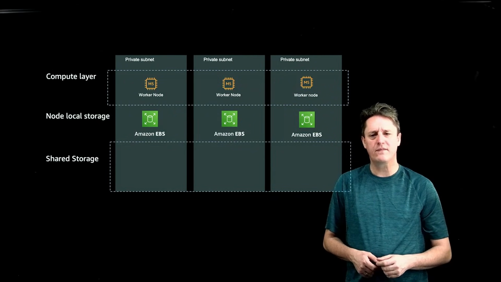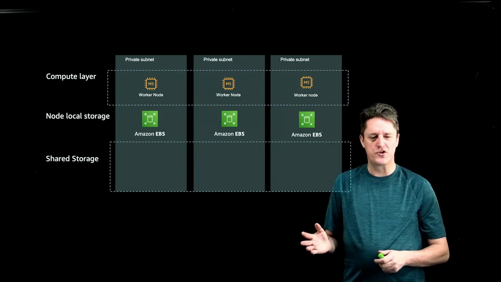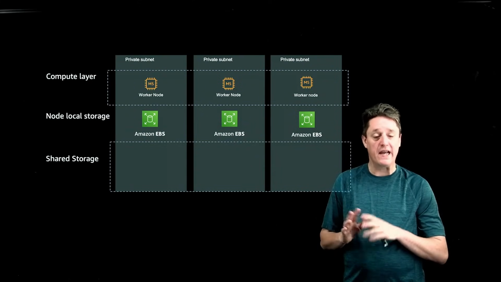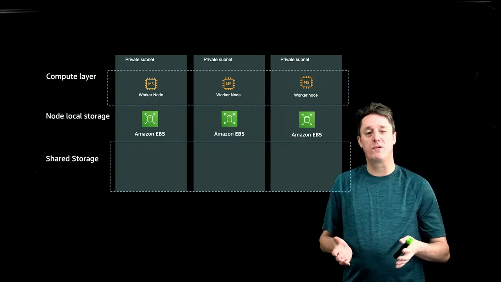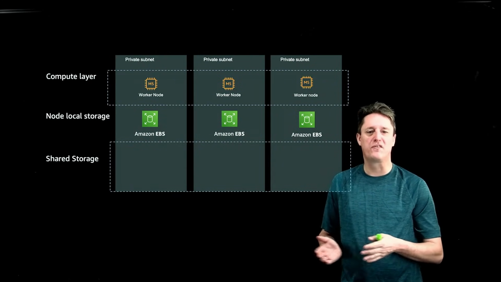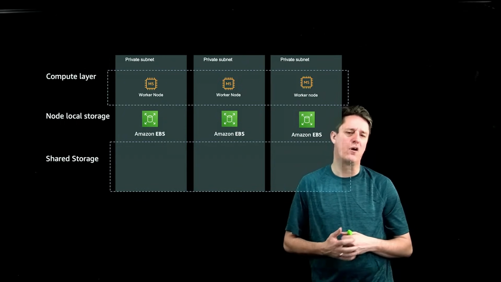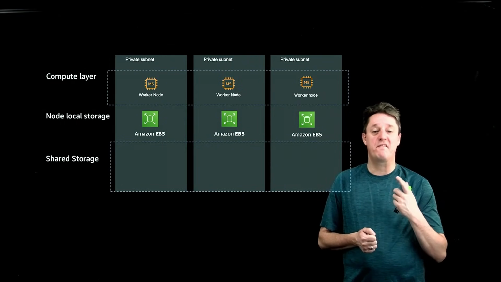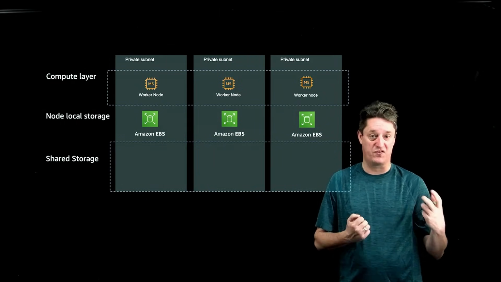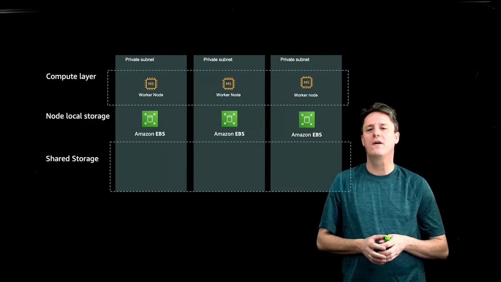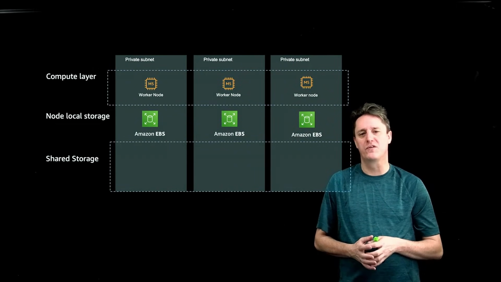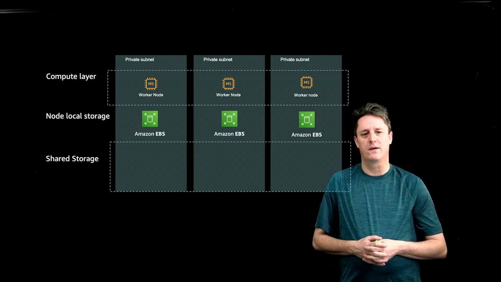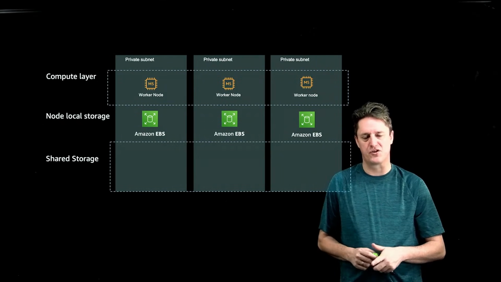Typically, shared storage could be a collection of things. On AWS, we could utilize Amazon's Elastic File System. We could take advantage of FSx NetApp ONTAP, which is highly performant and highly resilient. There are also third-party options.